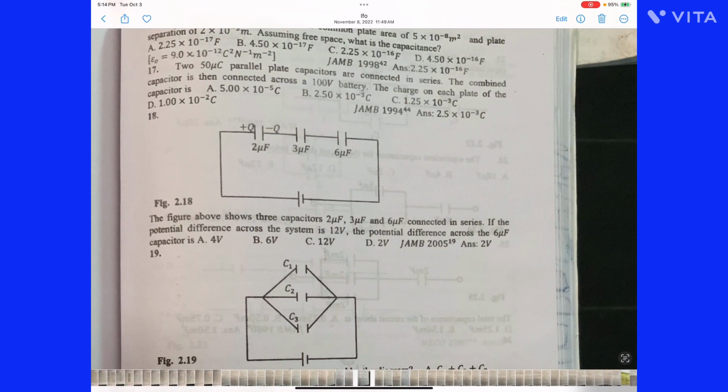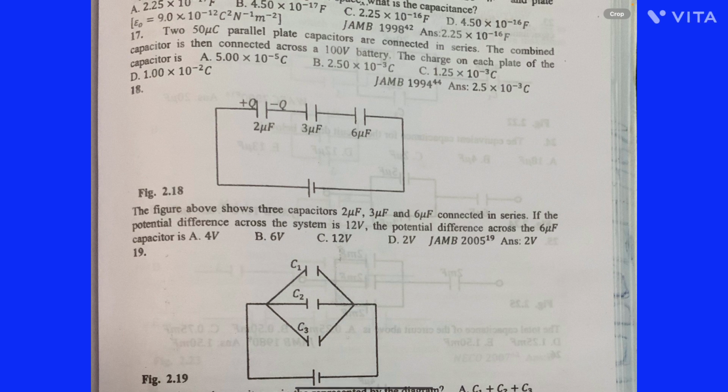Let's continue. Number 18, plus Q minus Q, 236. In the figure below, if the EMF of the battery is 12 volts, the potential difference across the 6 microfarad capacitor is what?